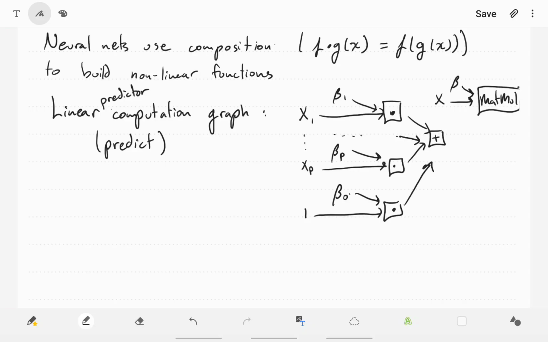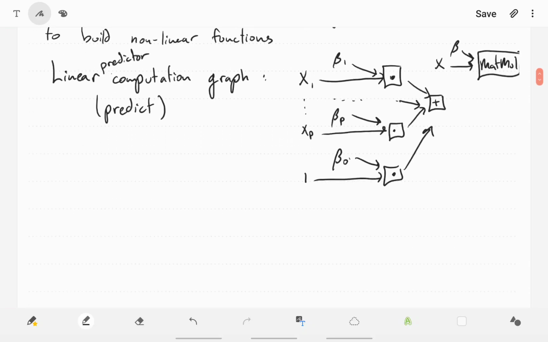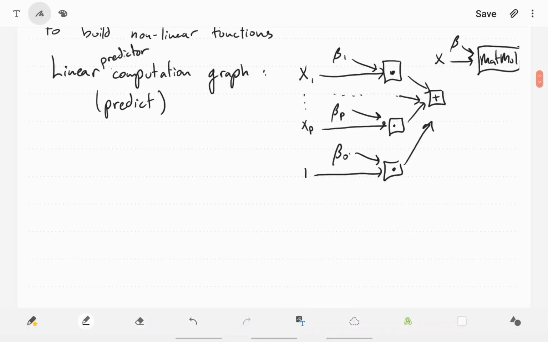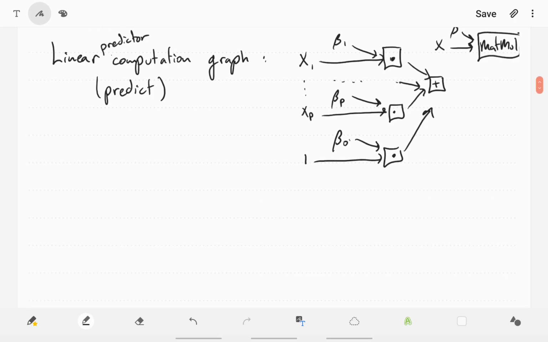The basic idea is that instead of making your output just a linear function of your input, we're going to think of creating new inputs using another linear predictor and then some nonlinear function, what we call an activation function.